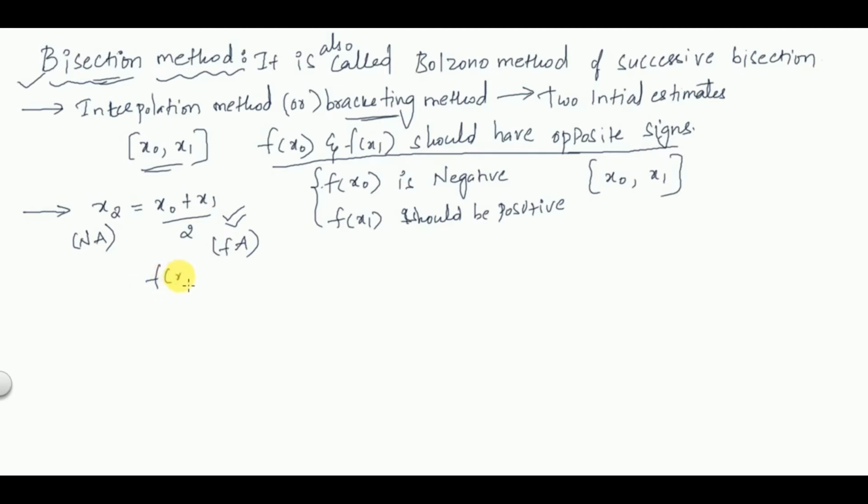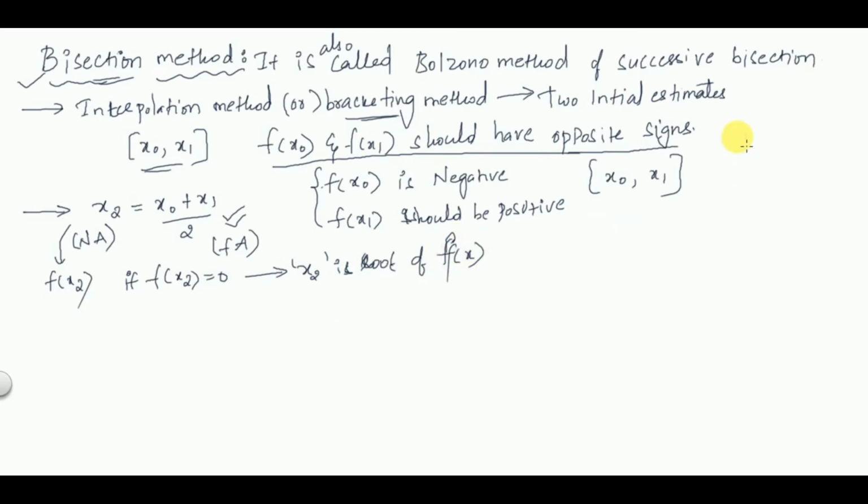After finding x2, we have to find the f of x2 value. If f of x2 is equal to 0, then directly we can say that x2 is the root of the given function f of x.